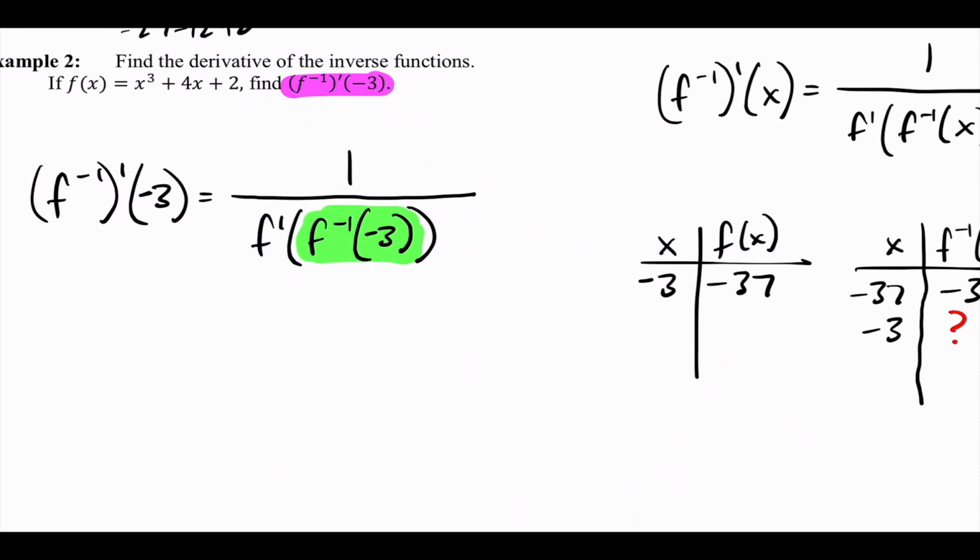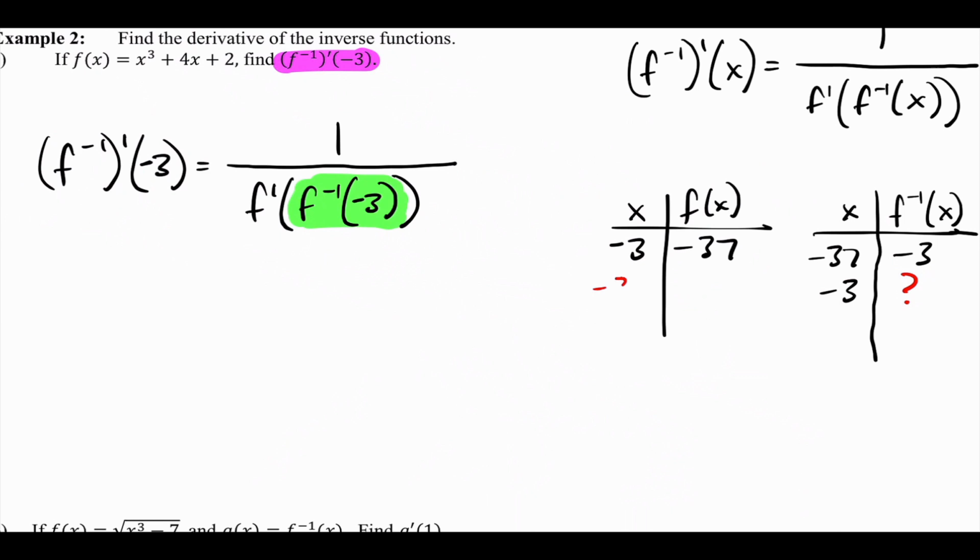I know what I get when I plug in negative 3 to the original, but I need to figure out what do I get when I plug in -3 to the inverse. If I plug in -37 to where? Which one are you talking about? This guy here? Let's try it. All right, let's plug in -37, see what we get.